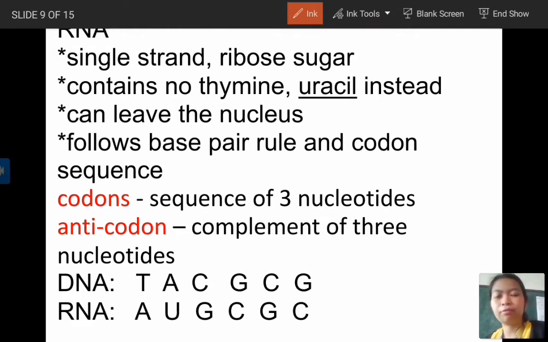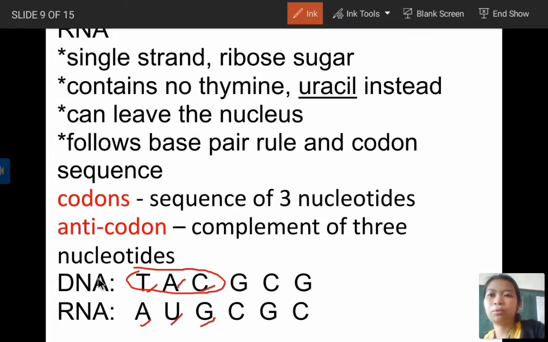So I have here, for example, the DNA strand is thymine, adenine, and cytosine. These 3, itong tatlong to, it is known as a codon. Its anticodon in RNA, or the complement of it in RNA, is A, adenine, U, uracil, and G, guanine.